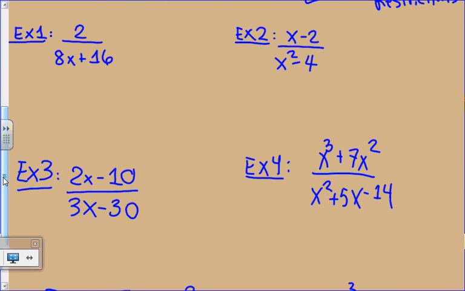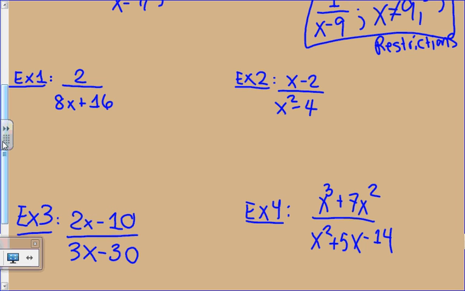Again, the first thing that you should always look for when you are simplifying is to see if it factors and then reduce it. I do have a second rule that I always like to write in here as well.